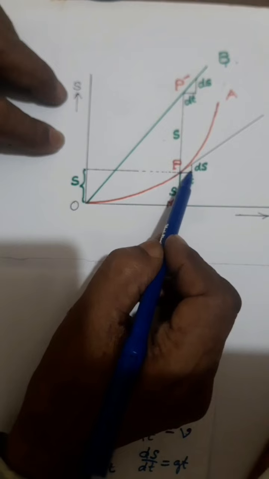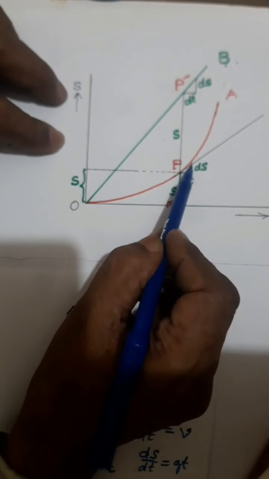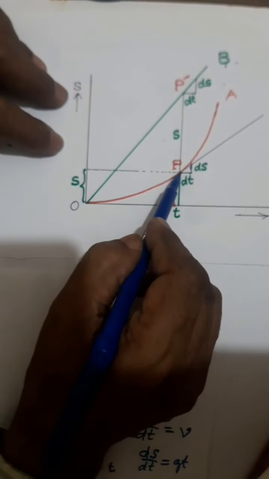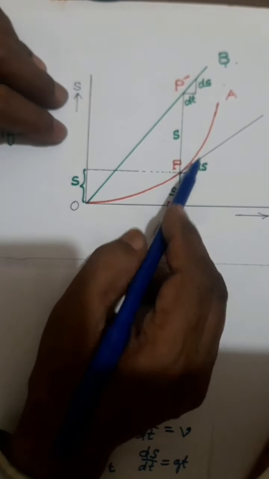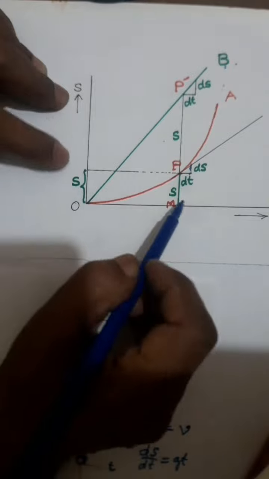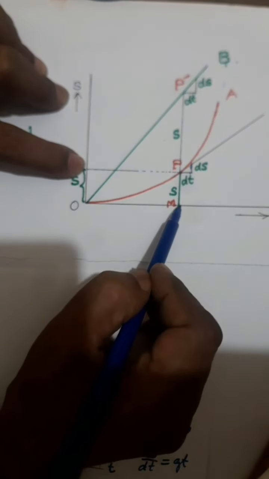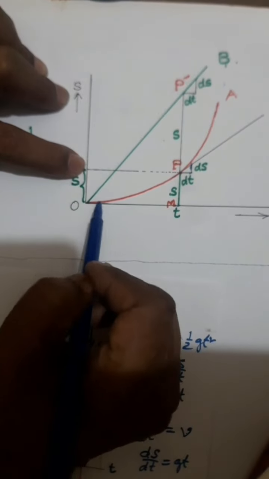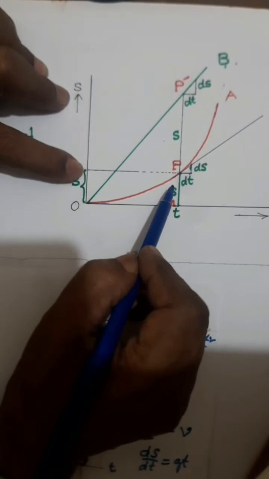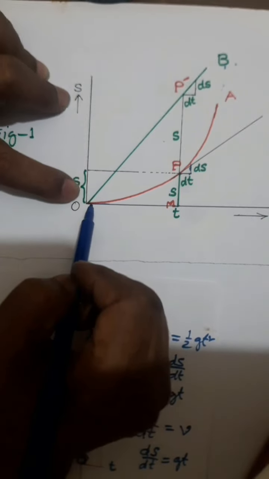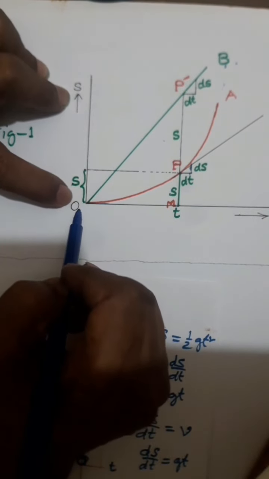This is dt and this is ds. It is different at different points. s by t, this is s and this is t. s by t indicates the average velocity, average over the interval 0 to t.